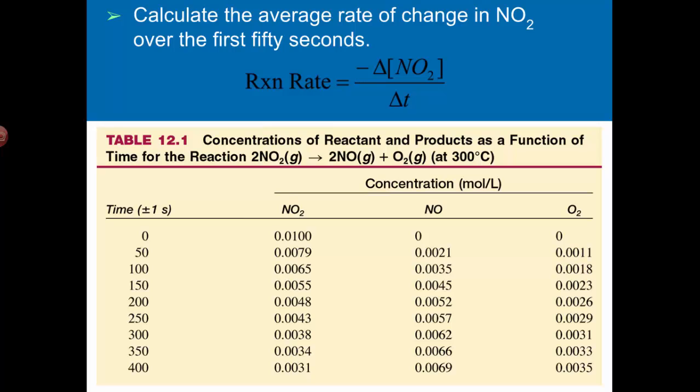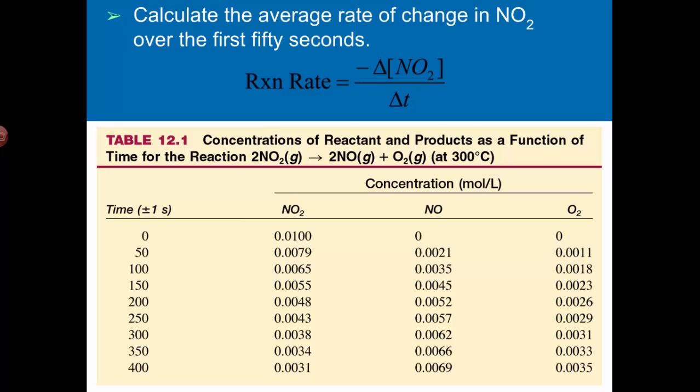At time equals 0, in other words right when we start this reaction, there's 0.0100 moles per liter of NO2, but no NO or O2 yet. But as time increases, the amount of NO starts to increase and the amount of O2 starts to increase. Likewise, the amount of NO2 starts to decrease. So this is some data that we could perhaps measure for this reaction.